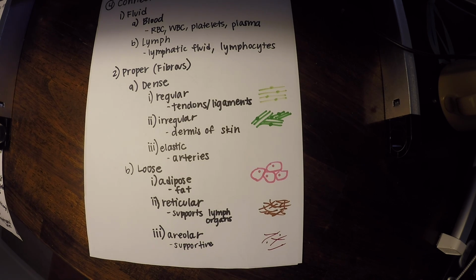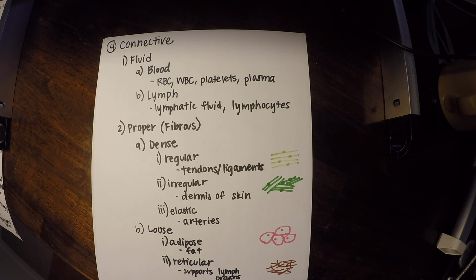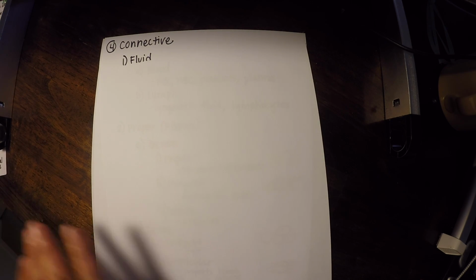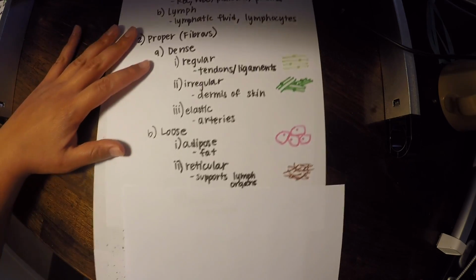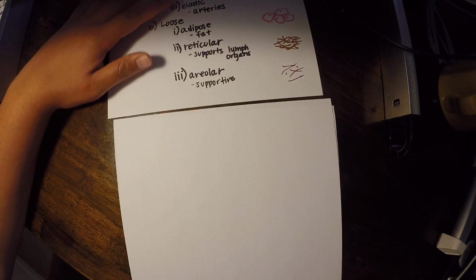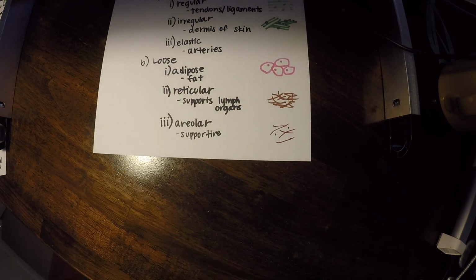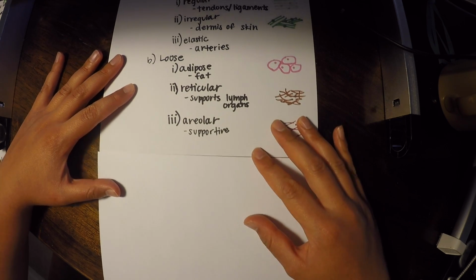Okay, so far for connective tissue, we've covered the first two types of connective tissue. Now let's cover the last type. So this last type of connective tissue, which is our number 3, the third type, I'm just lining up my extra paper below the other one to make sure we can see that it's kind of like a cohesive list here.